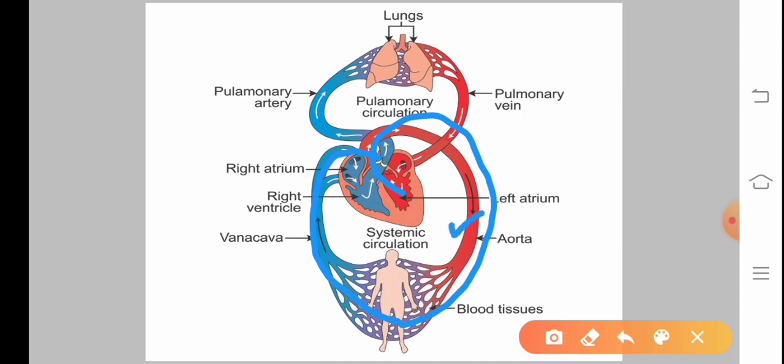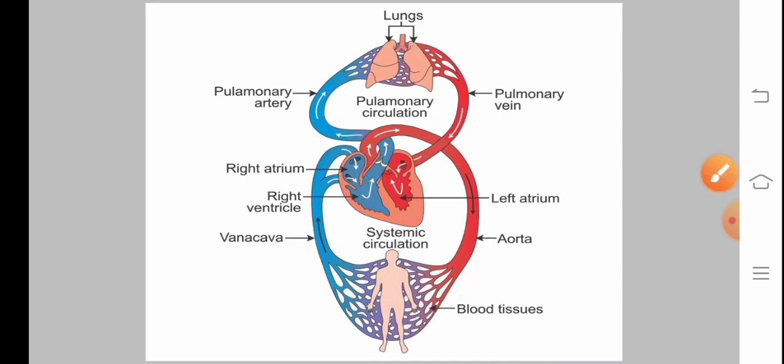Second one is pulmonary circulation, from heart to lungs to absorb oxygen, then it comes back to the heart. Then supply of oxygenated blood to the heart muscles and collection of deoxygenated blood from the heart muscles to right auricle is known as coronary circulation.